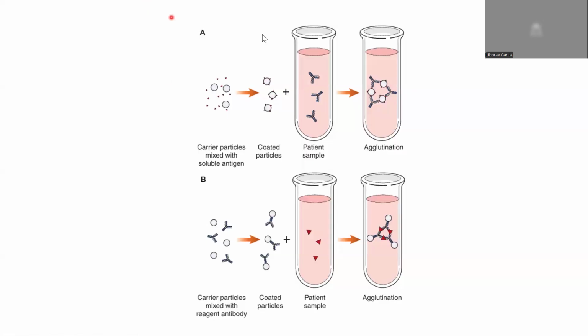So, kani ang principle niya no, of your latex. So, either you're looking for the antigen or your antibody. Okay? So, if you're looking for your antibodies, so you have there your carriers. No, kaning mga bigger circles. And then you have your antigens. Okay? Then, inyo siya ibutang sa inyuhang particles.